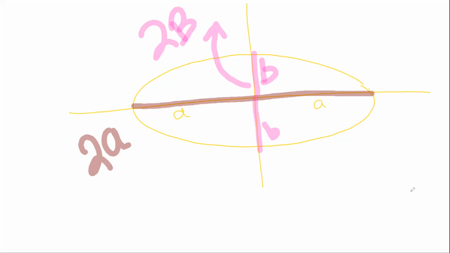And if we have now, this focus is here and this focus is here, F1 and F2.